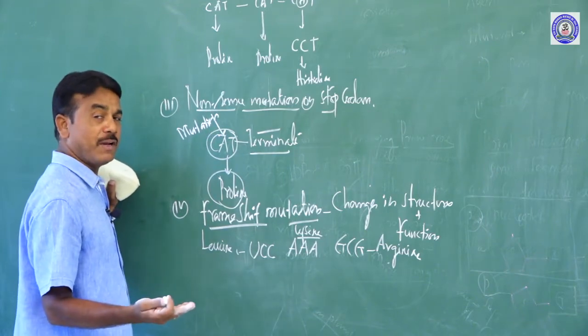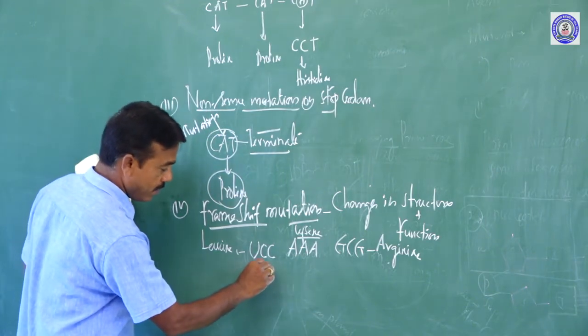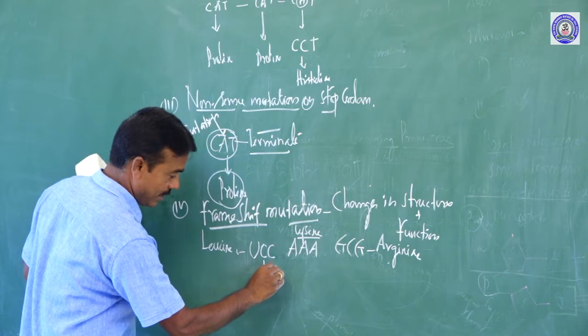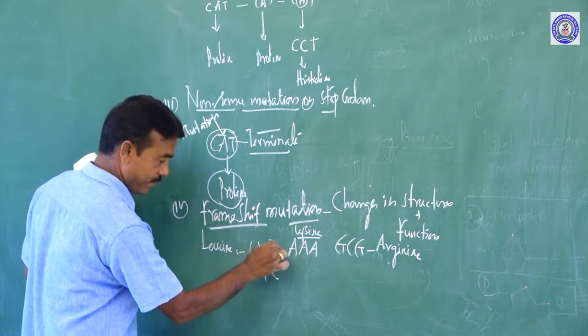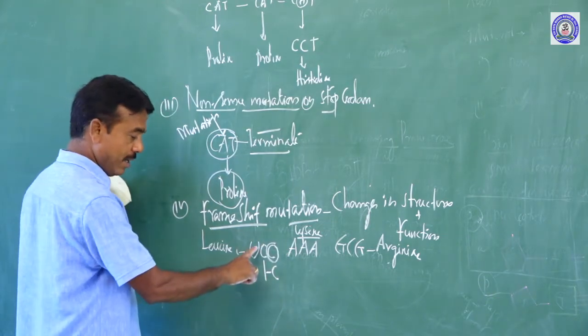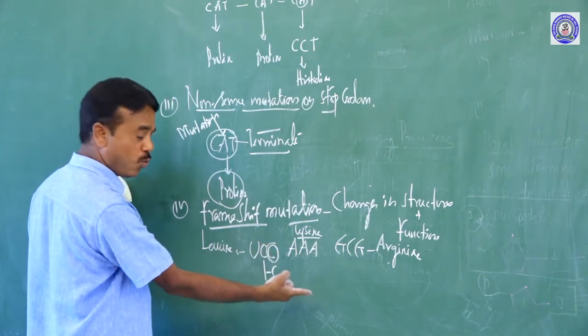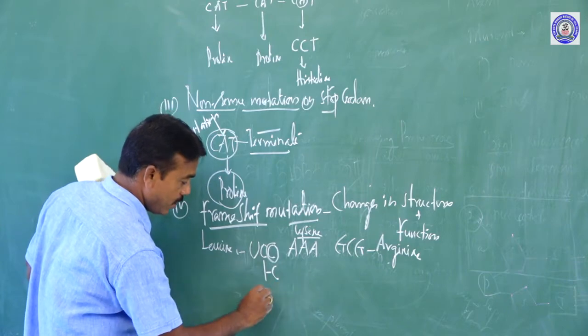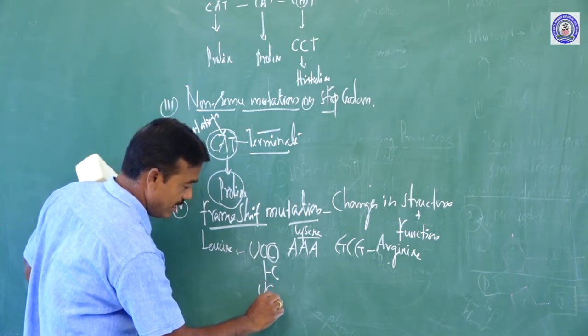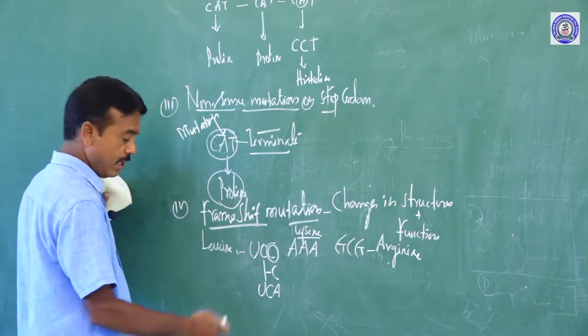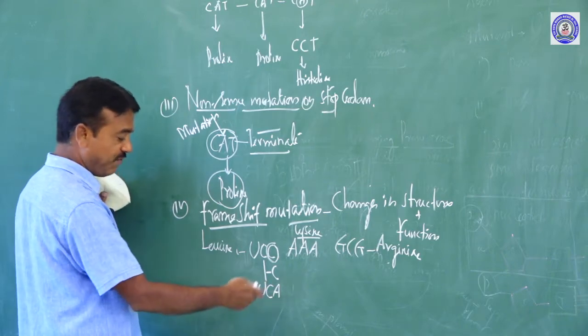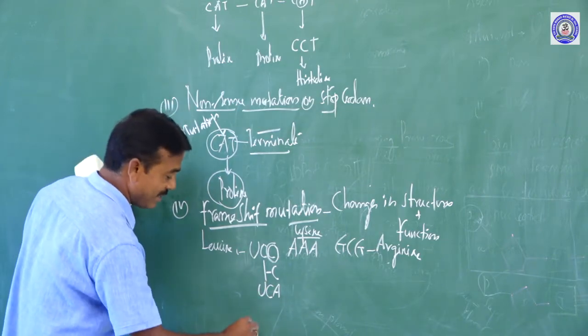How does frameshift happen? Look here. Loss of C. Here C is lost. So what happens? U and C combine with the adjacent codon, giving U, C, A. What amino acid is produced? It is commonly called serine.